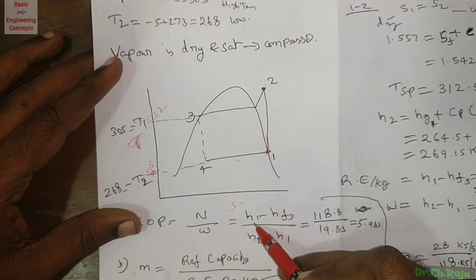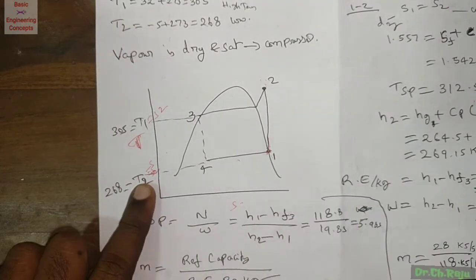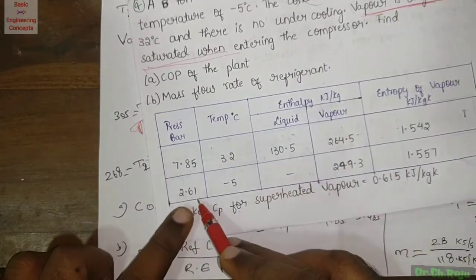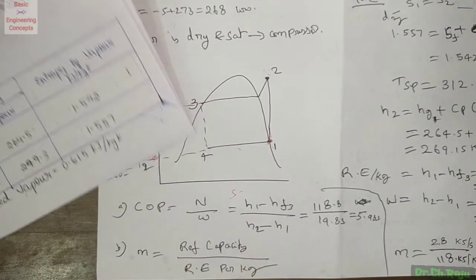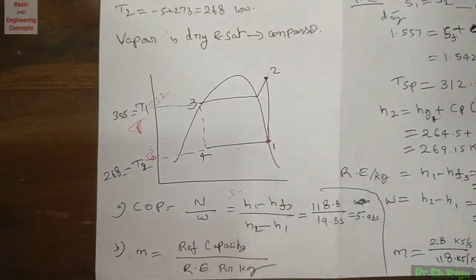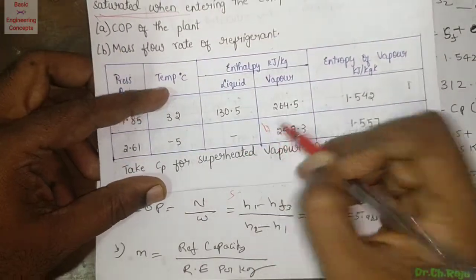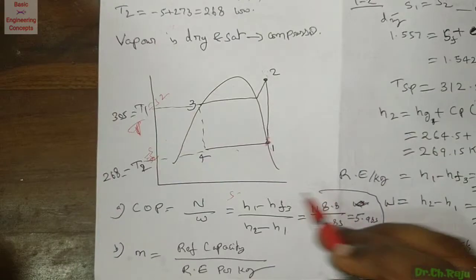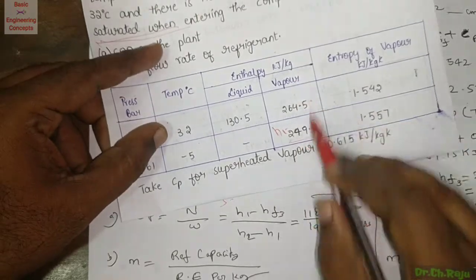H1 is the dry saturated steam, that is condition 1 at -5 degrees, and 249 is directly given. So H1 is given from the -5 degrees, that is the enthalpy of vapor, because this is the dry steam.